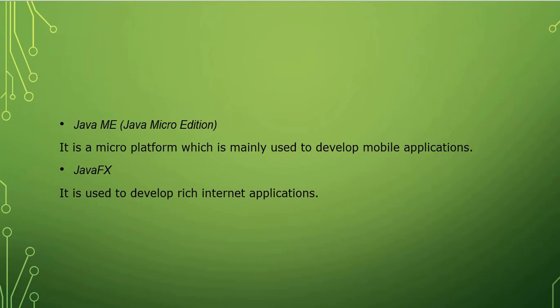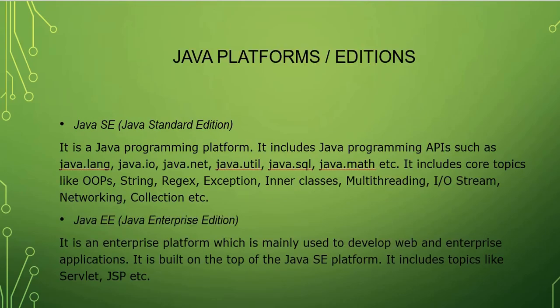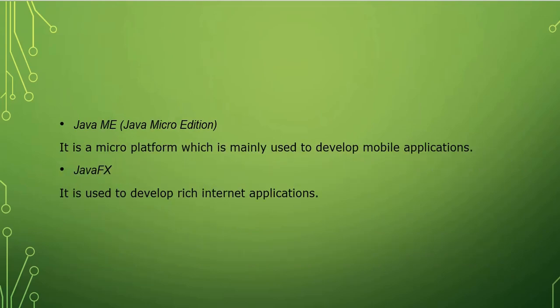It is a micro platform which is mainly used to develop mobile applications. Okay, and then the fourth edition is what? Java FX. So it is mainly used to develop rich internet applications. So what are the editions we have seen? Java Standard Edition, Java Enterprise Edition, Micro Edition, and FX.